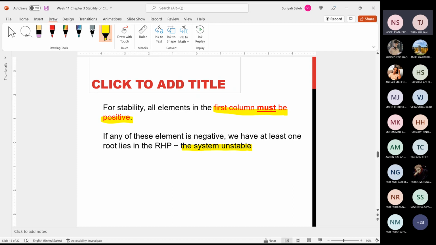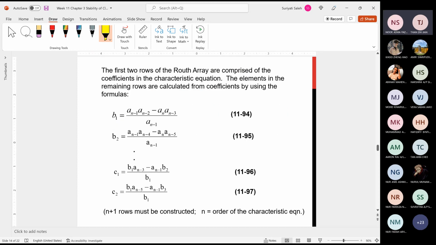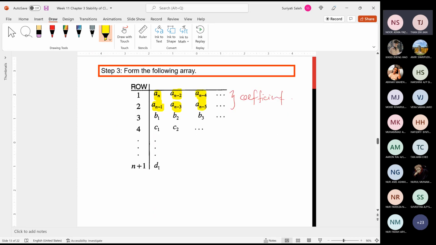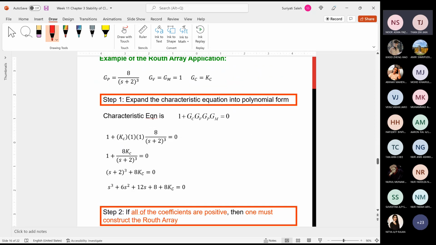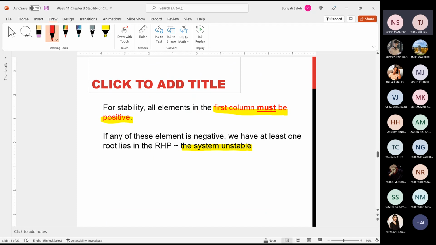We just check the first column of it. This is the first column. If one of the values in the first column is negative, automatically your system becomes unstable. So you don't need to do further analysis. If not, then we can do the further analysis.